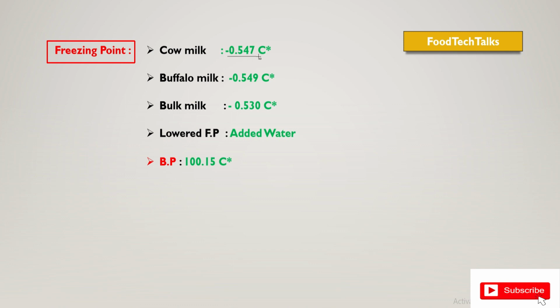Freezing point of cow milk would be minus 0.547 degrees Celsius, whereas in buffalo milk minus 0.549 degrees Celsius, and for bulk milk it would be minus 0.530 degrees Celsius. Added water in milk lowers the freezing point of milk, and the boiling point of milk is found to be 100.15 degrees Celsius.